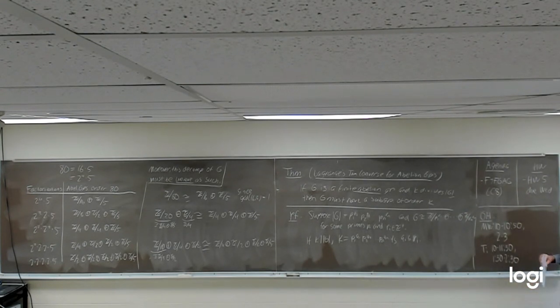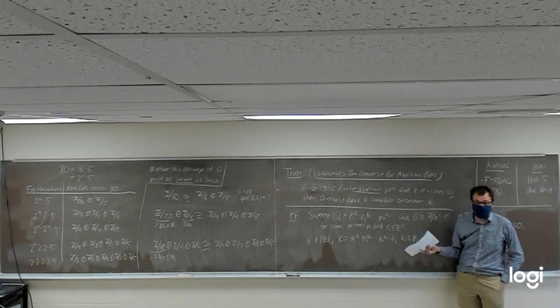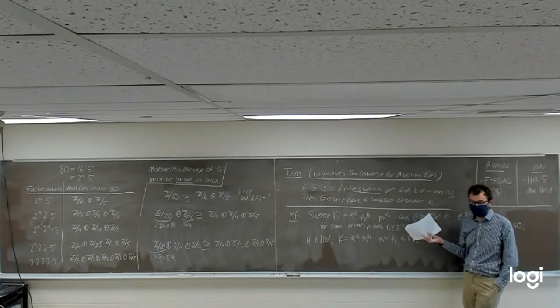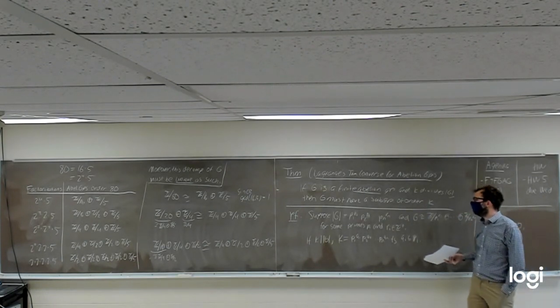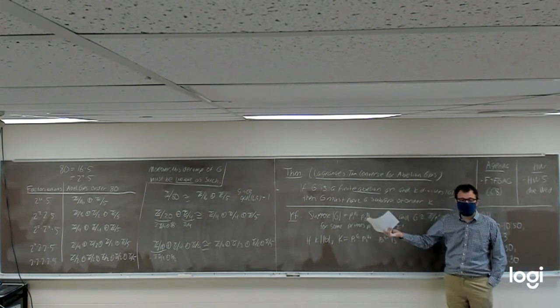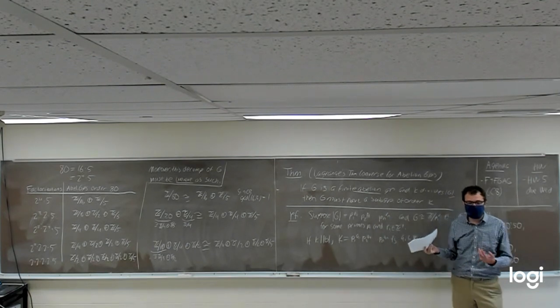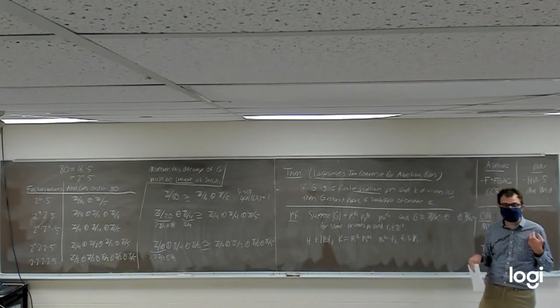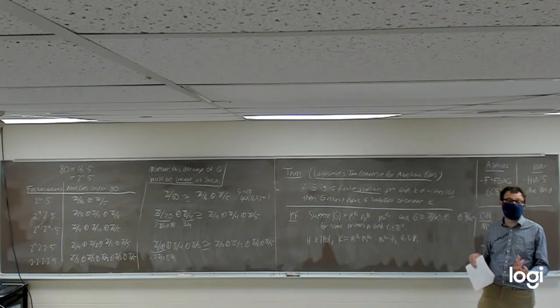If the order of G is this product of primes, and if K divides that, well, the only way to have some number K that divides this product of a bunch of primes is if you have a number K that has the exact same prime factors, but fewer of them.